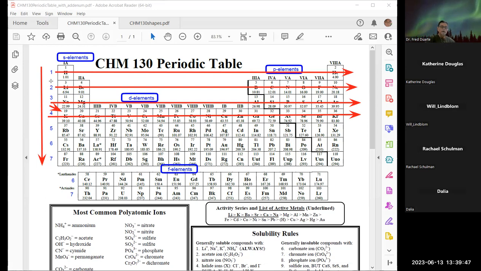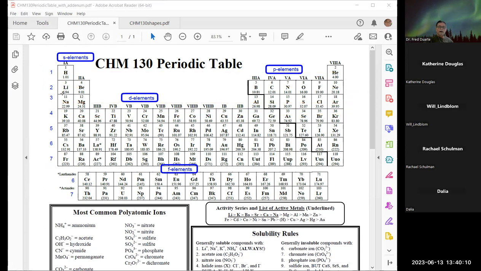And we compare it to, let's say, lithium, where lithium's outermost energy level is the second energy level, okay? So lithium is much smaller than potassium. So going down the periodic table, the atoms get bigger, okay? That's your first trend.